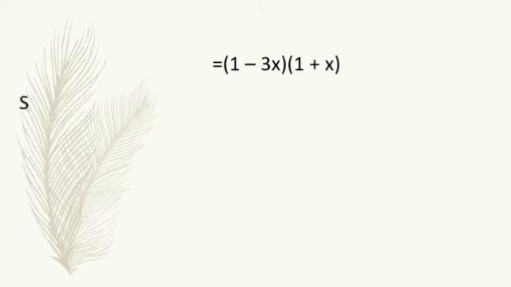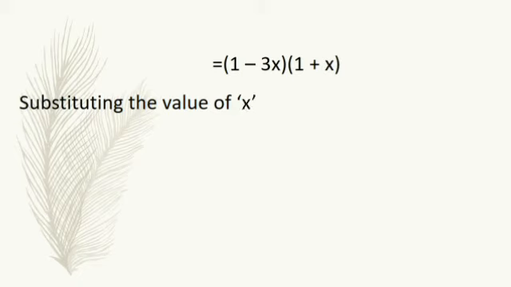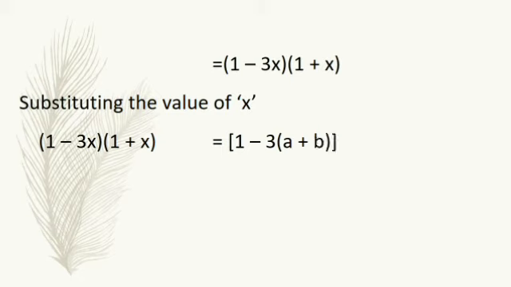Now, we have these factors in terms of x, but we need in terms of a plus b. Therefore, we have to substitute the value of x. Substituting the value of x as a plus b, we get the factors of given polynomial are (1 minus 3 into (a plus b)) into (1 plus a plus b).